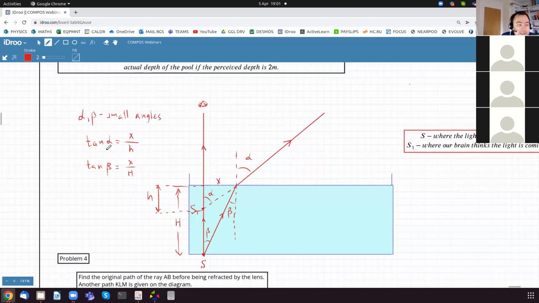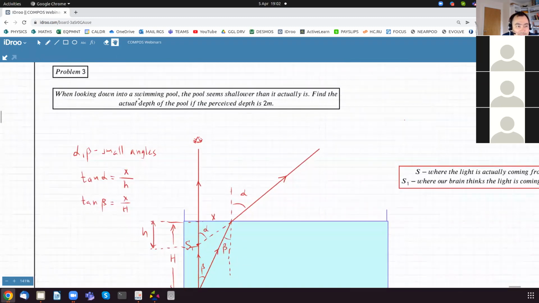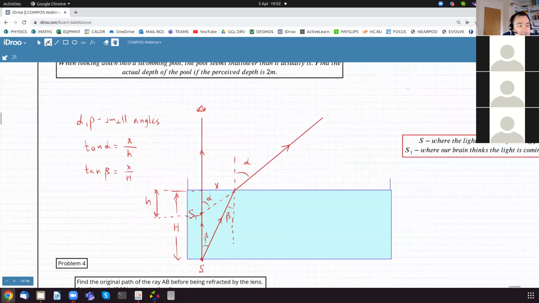And if alpha and beta are small angles, because we're looking directly down, we can safely say that tan alpha is approximately sine alpha, because sine alpha is equal to tan alpha for small angles, and likewise for beta.